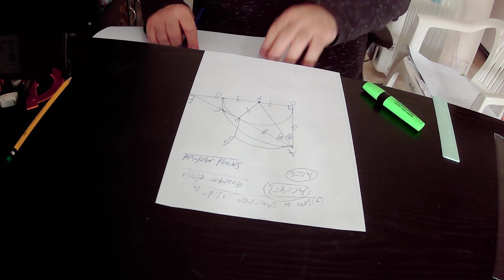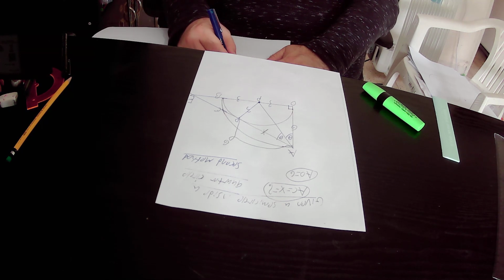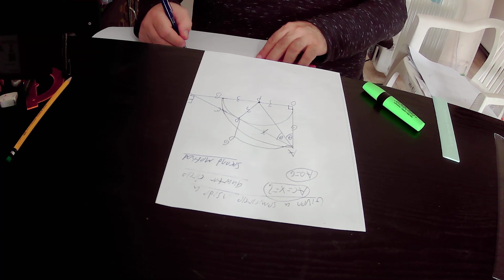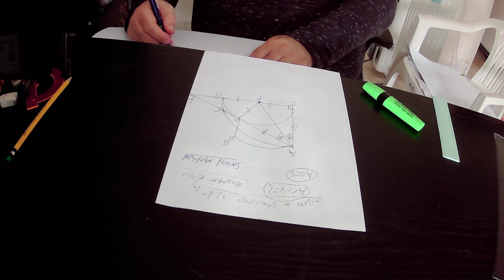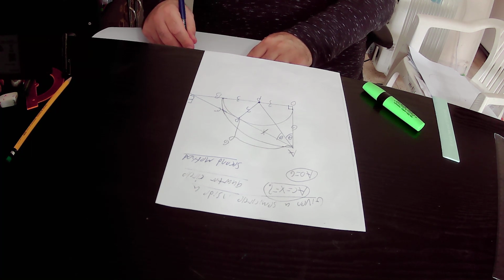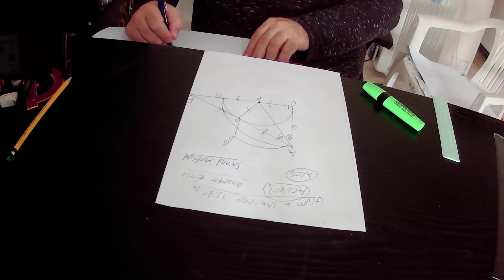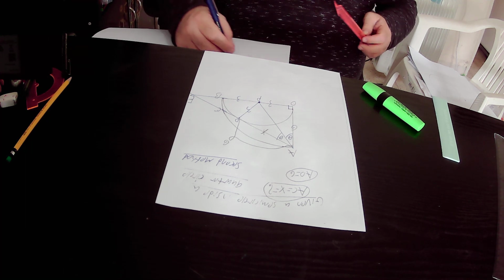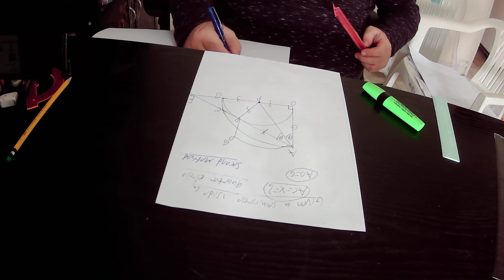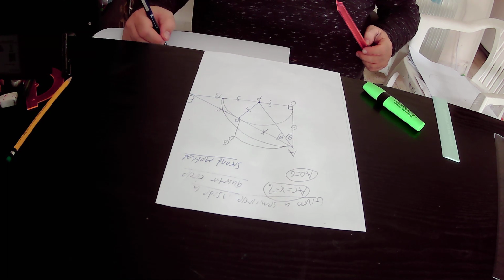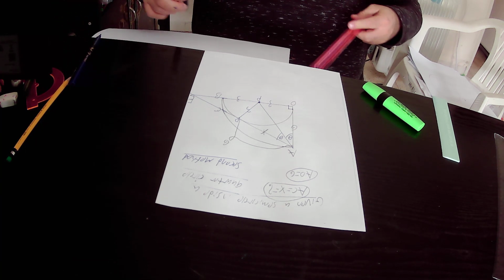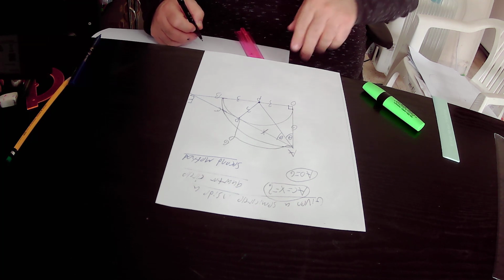Triangle AOE is a right triangle, and AP is the angle bisector of angle OAE.